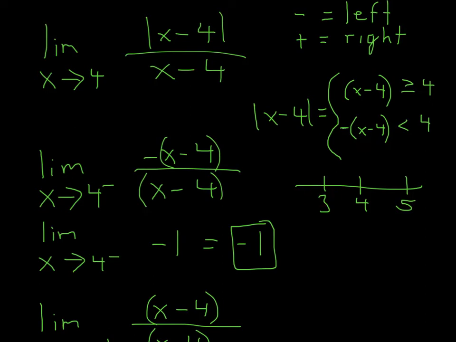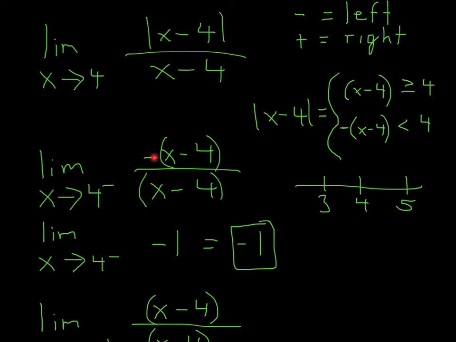So all we do is, since I said the absolute value is equal to this equation, we plug in the same thing that I wrote here in the place of the absolute value. So this equals that. All I did was substitute in. Now, since these two are exactly the same, I can cancel these.